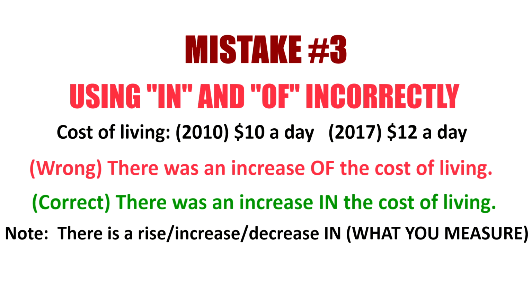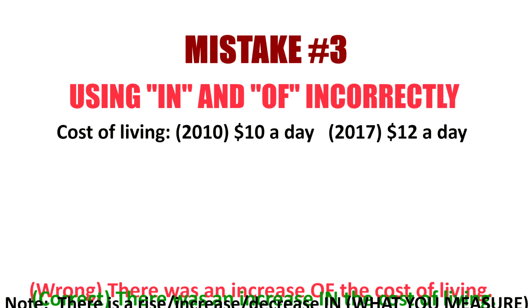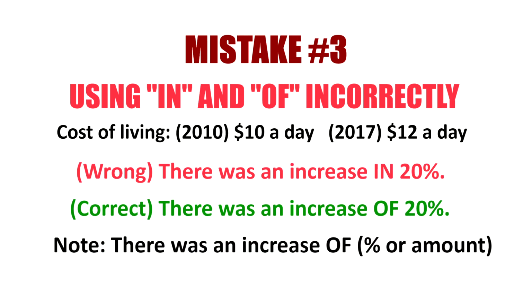So there is an increase in what you are measuring. Or if I said there was an increase in 20%, this would be wrong. Better, there was an increase of 20%. So increase in is what you are measuring. Increase of, when we say there was an increase of, there was a growth of, there was a decline of, this is how much.